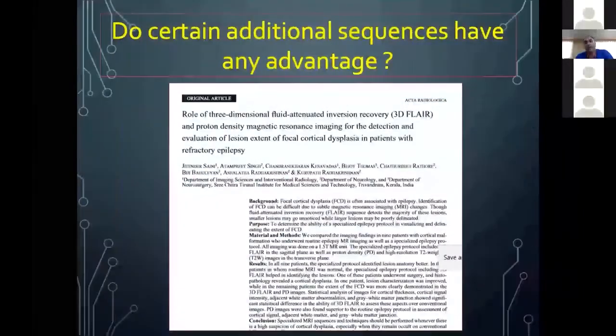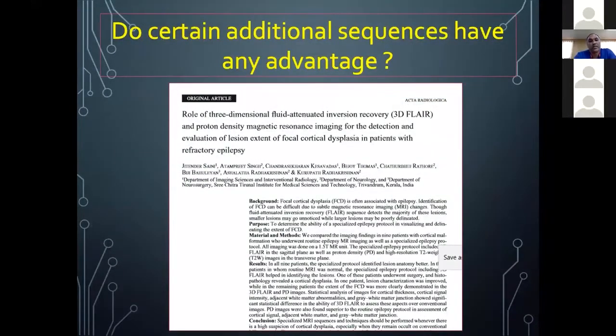This was a study which I always show, which I wrote as a resident when I was in Chitra. At that time, in 2007-8, we were doing all epilepsy scans with a 3D sequence, the 3D FLAIR. It used to take around 7 to 8 minutes, but it was part of our protocol.